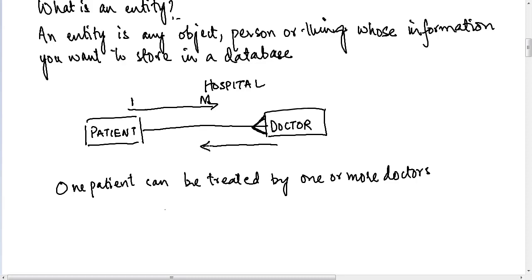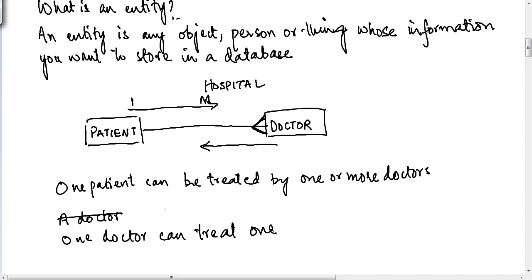In words, we can write this down as a doctor, or we can say one doctor, right? We always define it for one doctor, one patient, right? So one doctor can treat one or more patients.